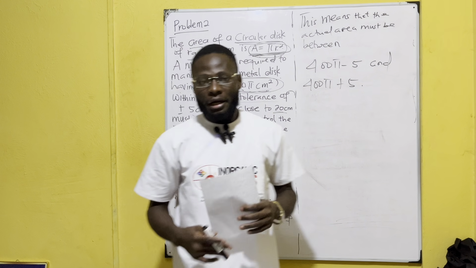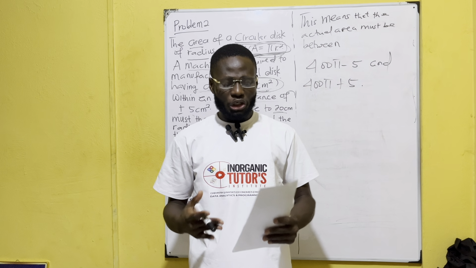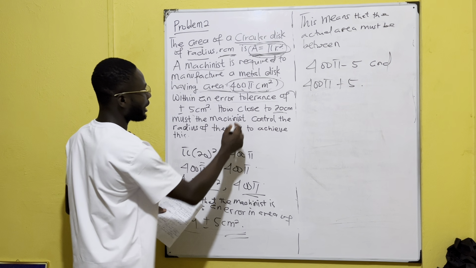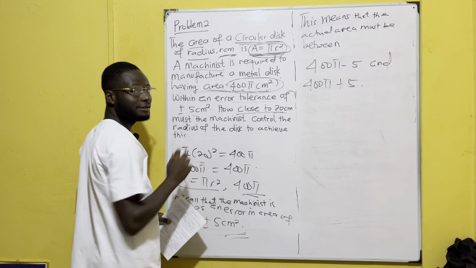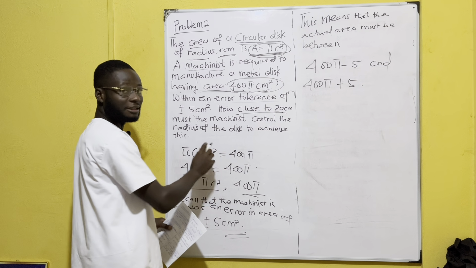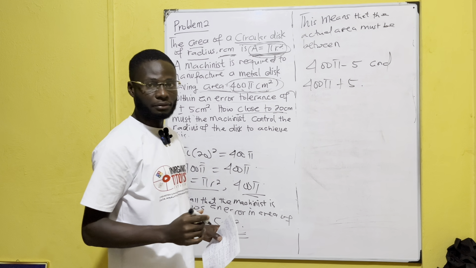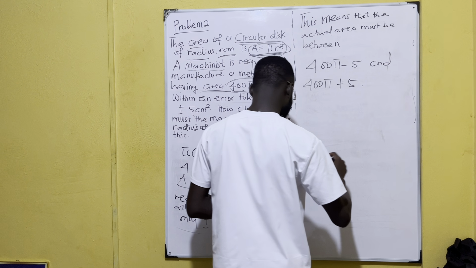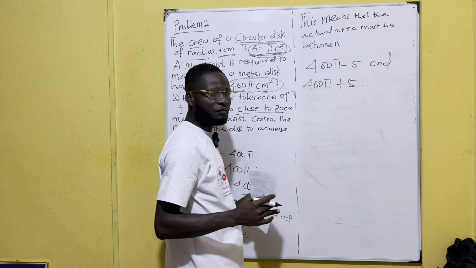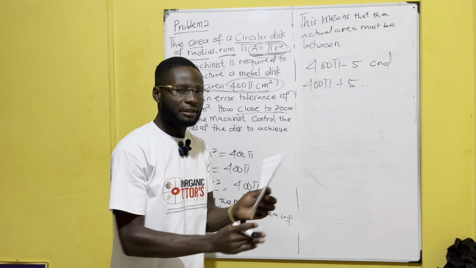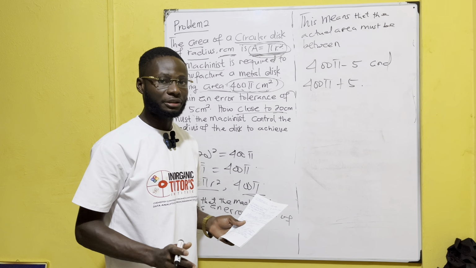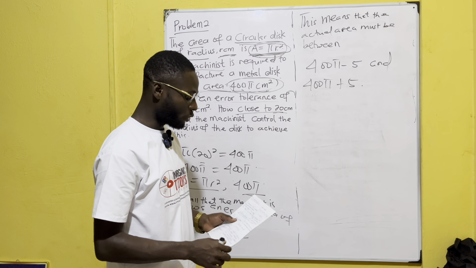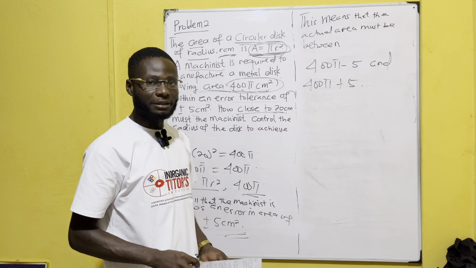Now, we want to know from the question how close to 20 centimeters the mechanic controls the radius of the disc to achieve this. So now we want to know how much the radius can change without the area going beyond the given range, or going outside that particular range, okay?